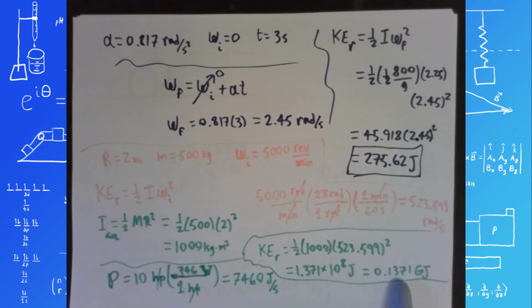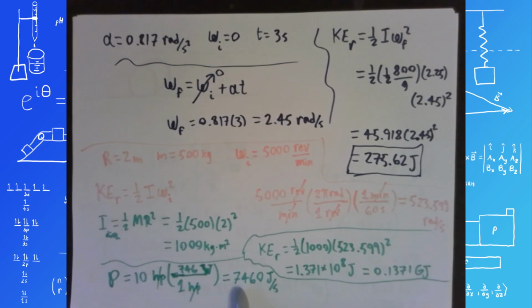If you have this many gigajoules of energy, or this much if you keep it in joules, and you're expending it at a rate of this many joules per second, then you already know how to get the amount of time that this motor will run before it needs to be recharged.